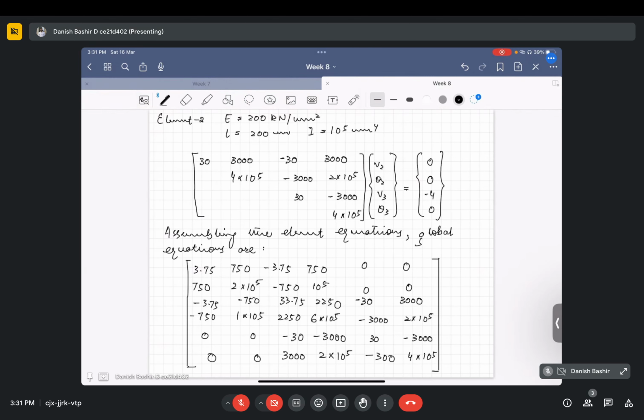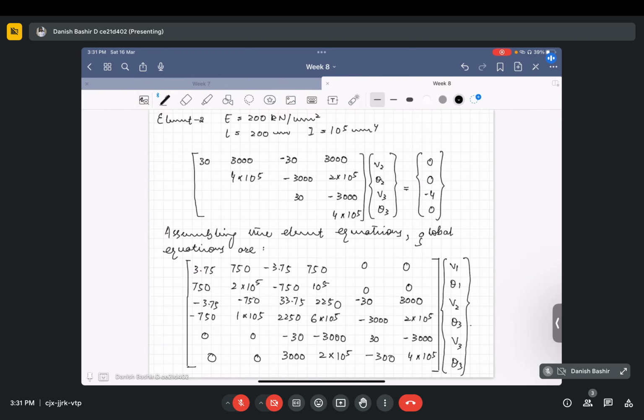Then we have the nodal degrees of freedom. The global system will be v1, theta 1, v2, theta 2, v3, theta 3. These are the total global system.